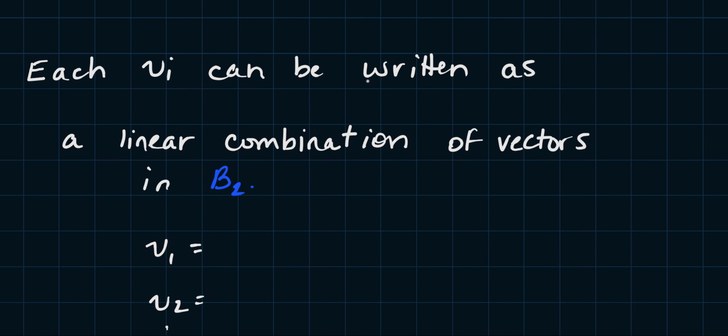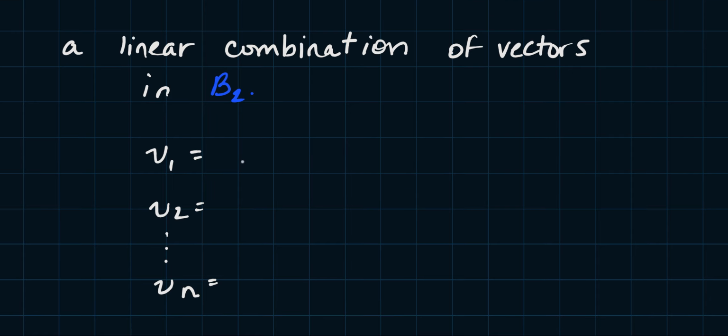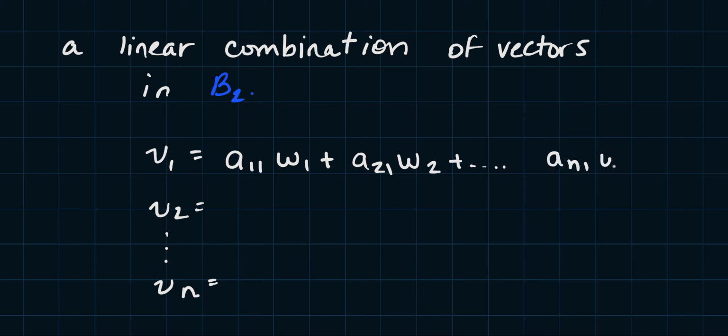Each Vi in our first basis can be written as a linear combination of vectors in B2. I'm going to show you how I'm going to write these. So V1 is some scalar, let's call it A11, times W1, plus A21 W2, all the way to An1 Wn.